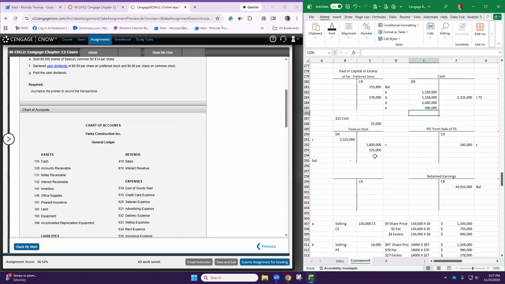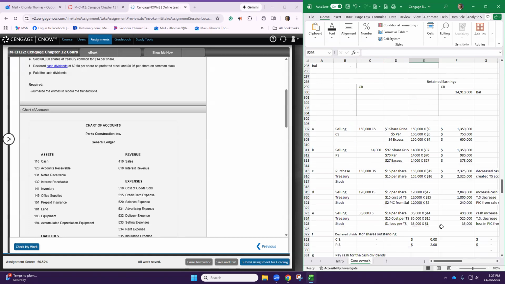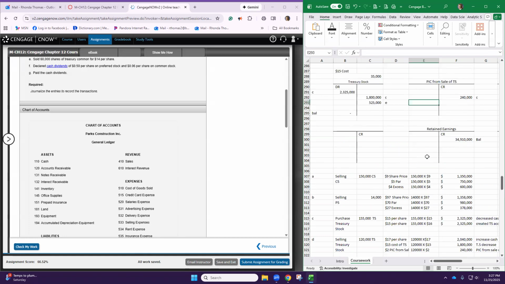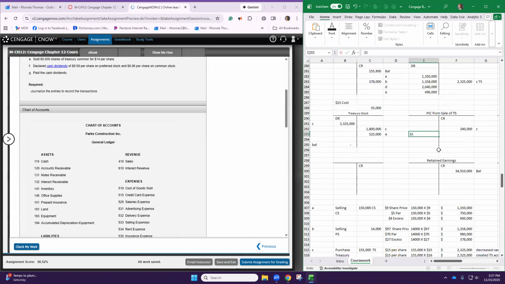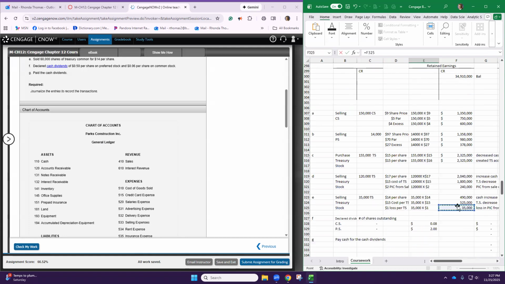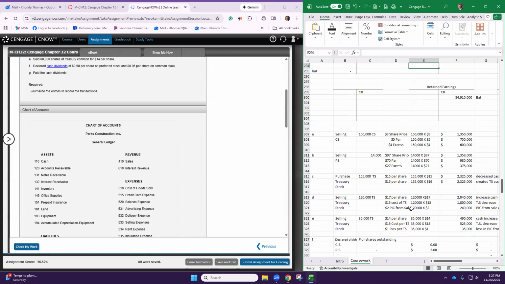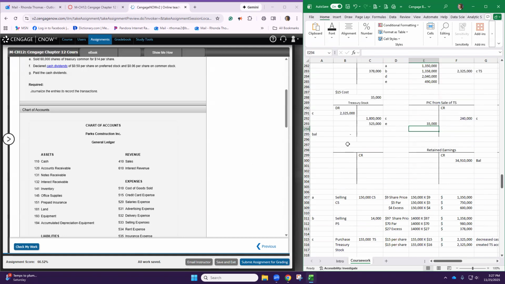Okay, and then we want this. This is going to be E. So we actually will use this 35,000 as a debit. I hope that's what they are going to show, because I'm still confused.